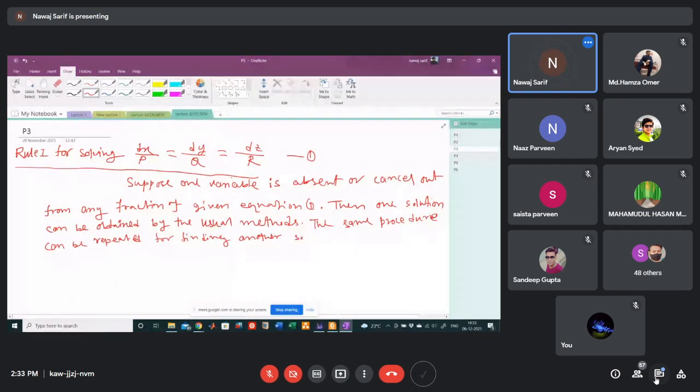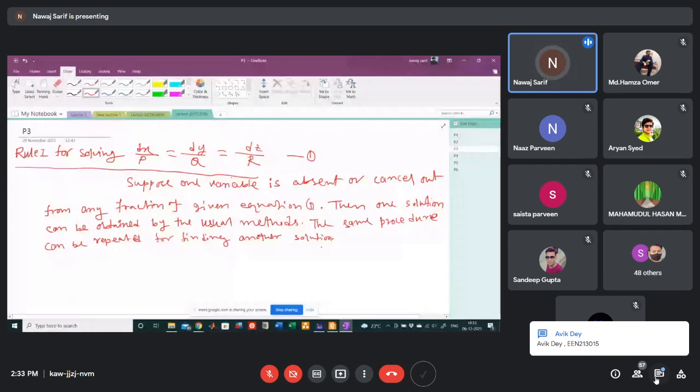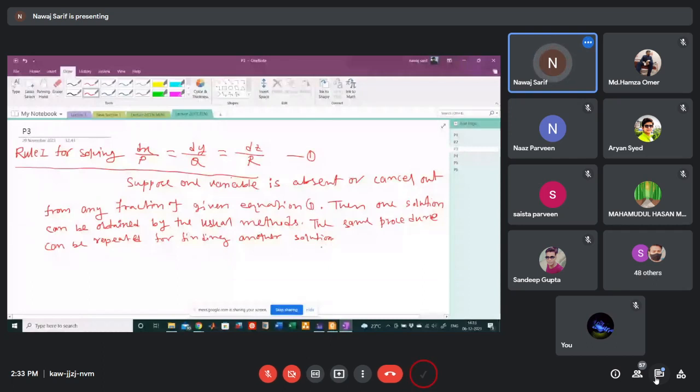So in equation 1, there may be one variable missing, or one variable may cancel out from two fractions of this equation. There may be one term common in these two fractions. When you cancel it out, you get one solution, and using the same method you can solve this equation. I'll give you an example, then you will understand better.